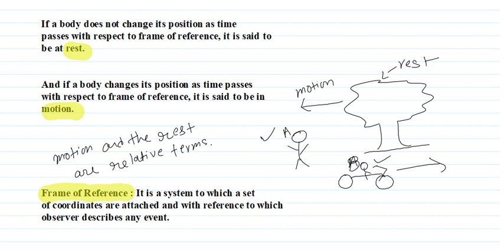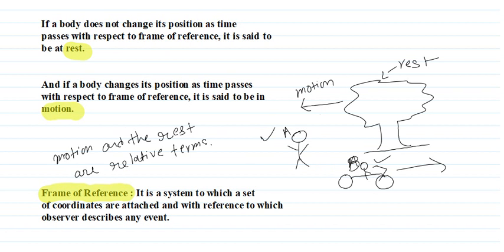Now let's say you are sitting on a terrace. Your friend comes and sees that you are in the state of rest, and suppose an observer on the moon or at any point of space sees you, what will be the observation? He will find that you are in the state of motion.